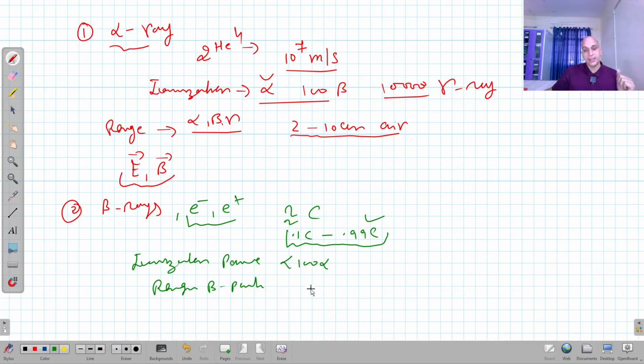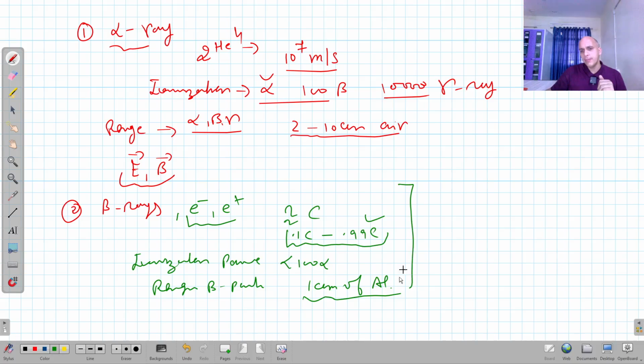They can even penetrate through 1 centimeter of aluminum sheet, right? This is the range, or we can say penetration power. They have high penetration power as compared to alpha particle. I told you that alpha particle can be stopped by a simple piece of paper, but beta rays can pass through 1 centimeter of aluminum.